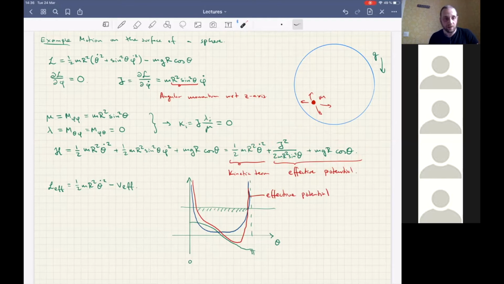So this is a point where theta dot changes sign. If you start here and you move in that direction with this energy, you're going to arrive there, and you're going to bounce back and forth like this.